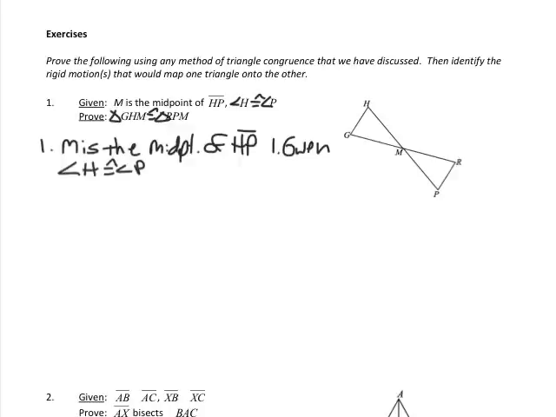Okay, so we are going to prove using any triangle congruence method that we've discussed. Our triangle congruences are side-angle-side, angle-side-angle, or side-side-side. If we take a look at this one, M is the midpoint of HP. So M is in the middle of HP, not necessarily GR. And then angle H and angle P are congruent.